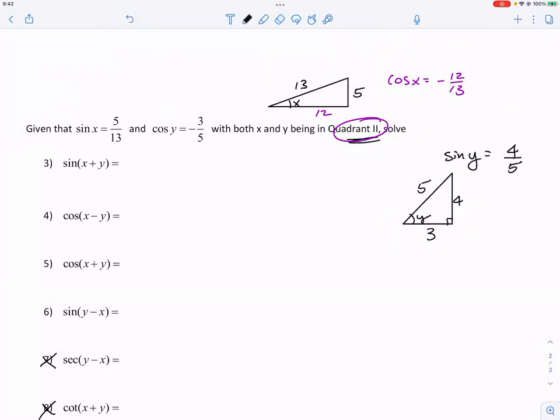now we can do all the things down below. So sine of X plus Y is simply sine X cosine Y plus cosine X sine Y. Then use parentheses to put the fractions in, and make sure you do that very carefully.